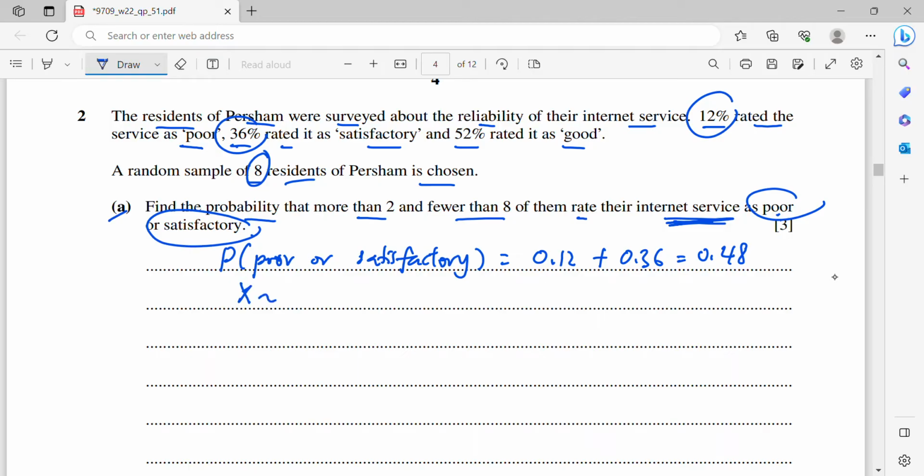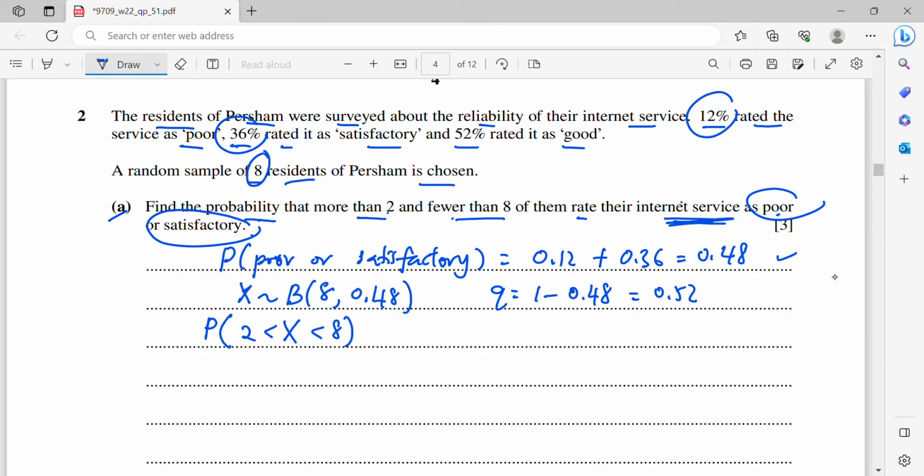Okay, so X is binomial, the n is 8, and then the probability for poor or satisfactory we have counted just now, 0.48. So this is our p, which means our q later on will be 1 minus 0.48, which is 0.52. Okay, so now to count the probability of P(more than 2 but fewer than 8) means X is between 2 and 8.